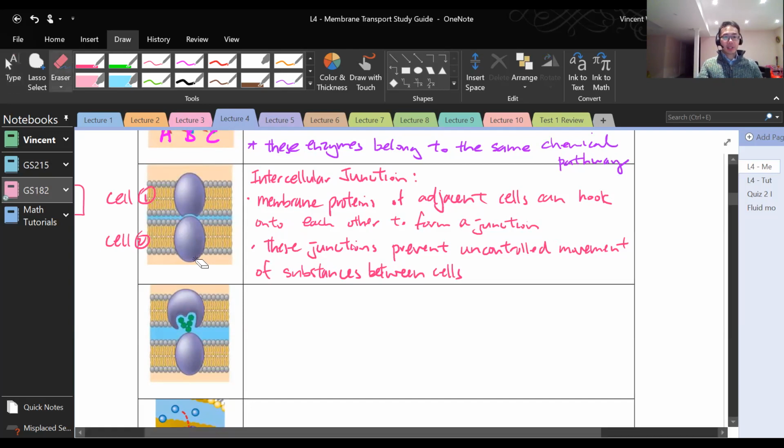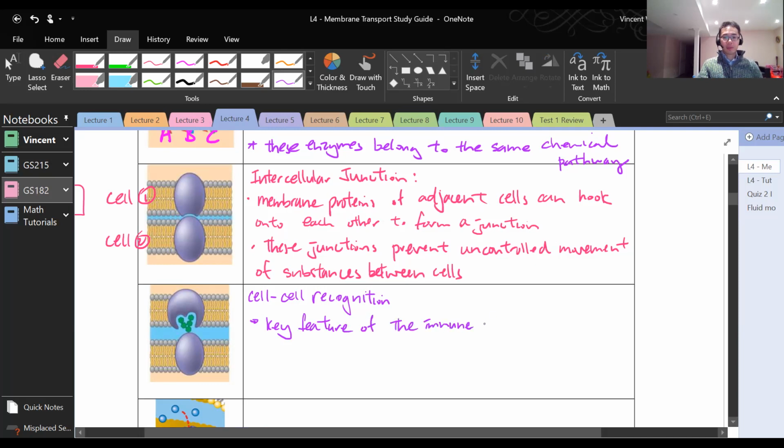Next one is what we call cell-cell recognition. How does the cell know what belongs to the body, what does not, right? So this cell-cell recognition is a key feature of the immune system.